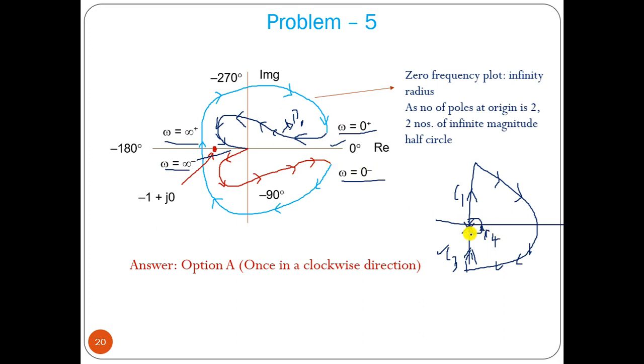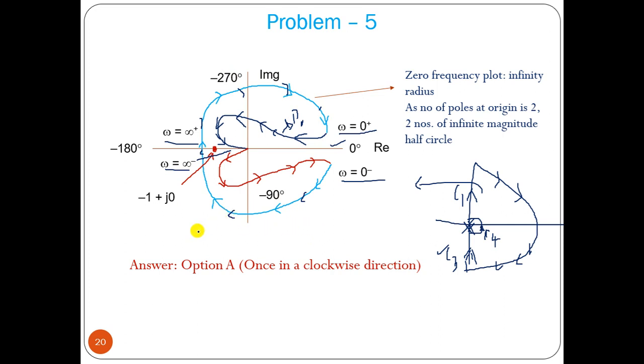This is 0 radius in the Nyquist contour, but in the Nyquist plot it becomes infinity radius, and we have 2 poles, so 2 half circles. So this is one half circle and this is your second half circle, two half circles from here to here. This is the total Nyquist plot that we can draw in clockwise direction, very easily.